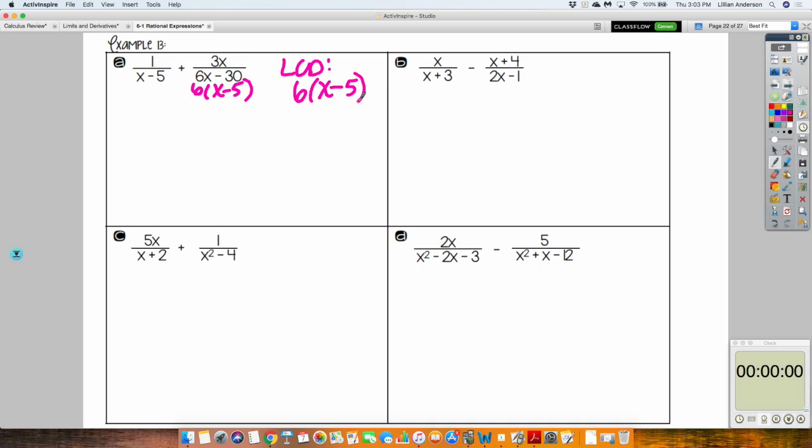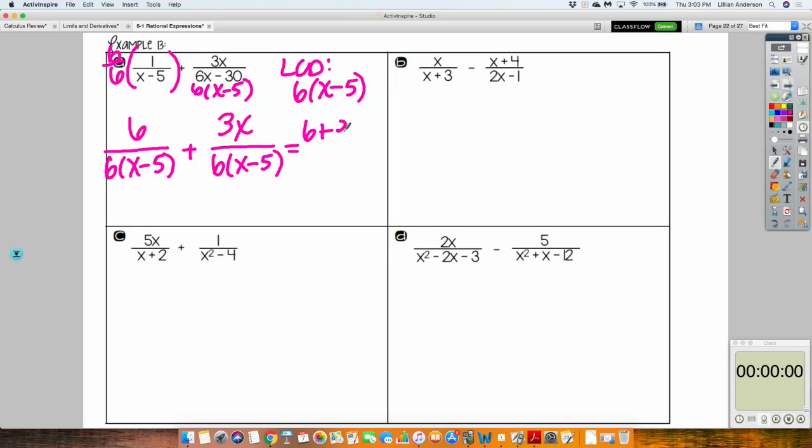So in order to get that common denominator, what do I have to multiply the first fraction by? Good stuff. Do I have to multiply the second fraction by anything? No. So this just turns into 6. This stays as a 3x. When I add them together, I get 6 plus 3x over 6 times x minus 5. Can I factor the top?